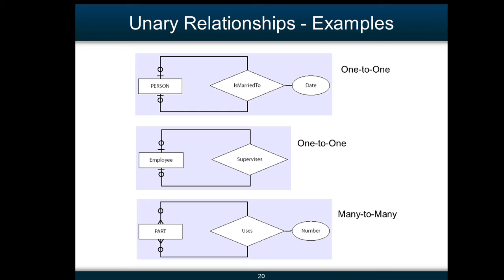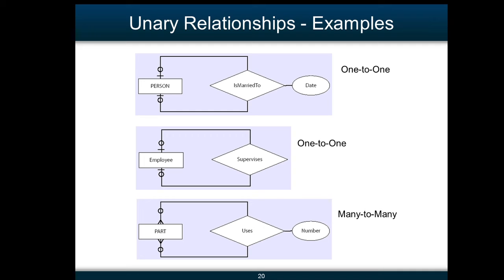The third example, we have part uses part. Here we have a many-to-many relationship. Many is denoted by the crow's foot symbol, and the minimum cardinality is optional, denoted by the 0.